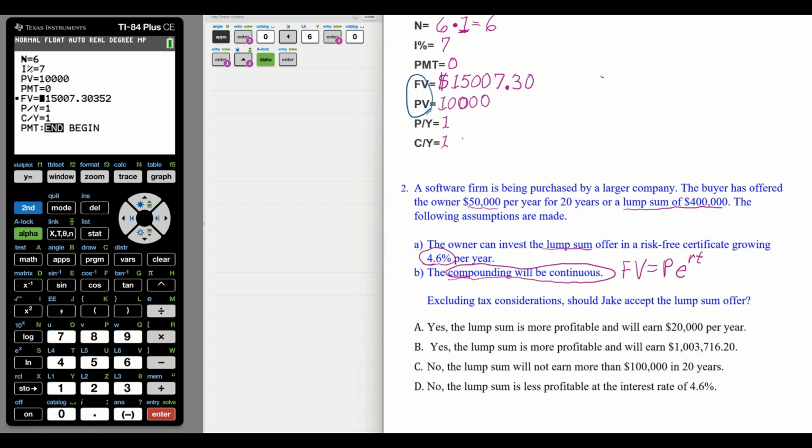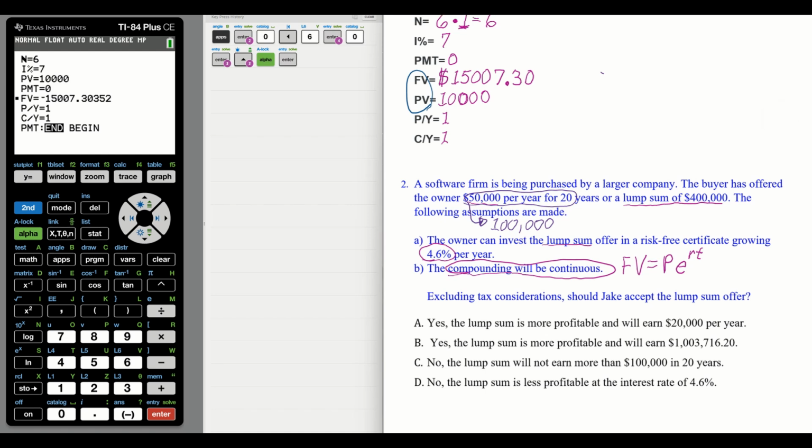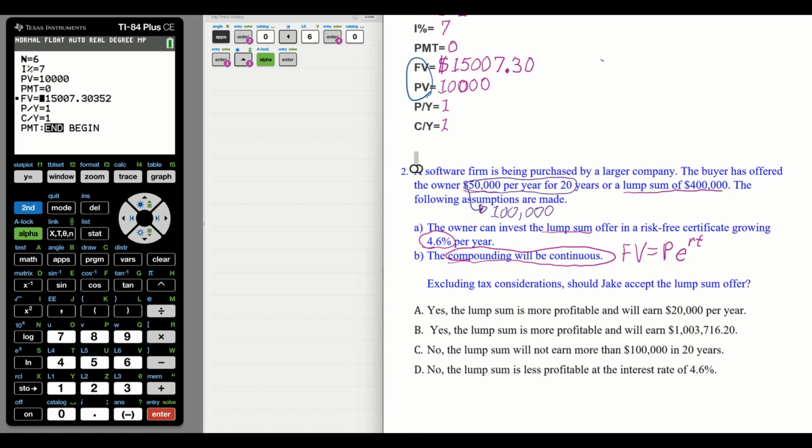So basically what happens is this amount right here turns into $100,000. Okay? All right. So what we need to do is put this PERT into our calculator and see what options we have.